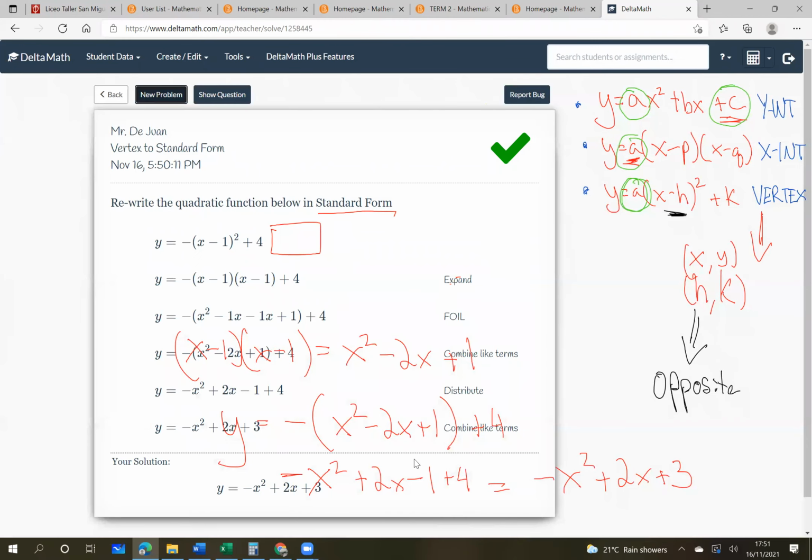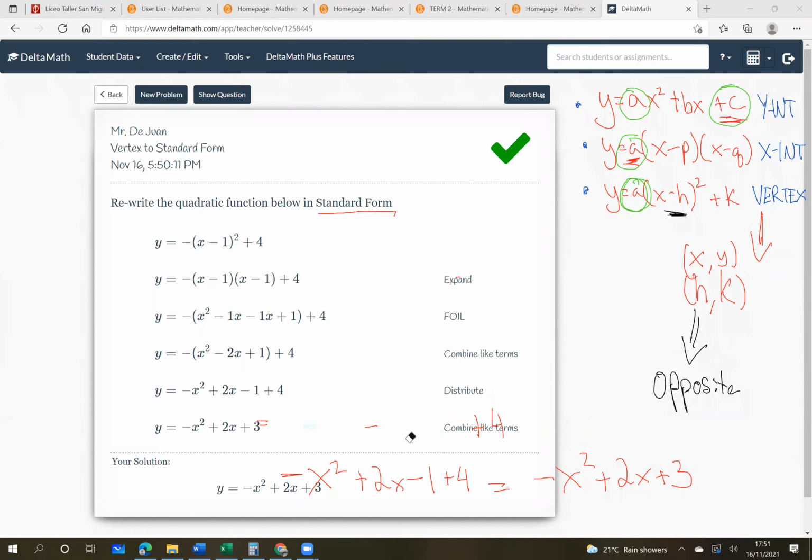Boom. Check out what they tell you. They tell you quite clearly you have to expand the squared, meaning exactly how we did it, x minus 1 times x minus 1, and then apply FOIL. From having applied FOIL, you should see that you have x squared minus 2x plus 1.